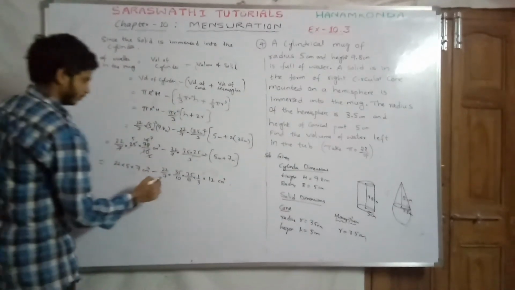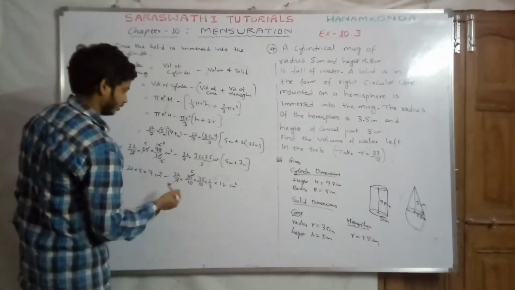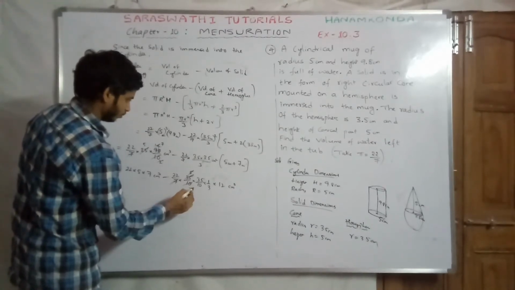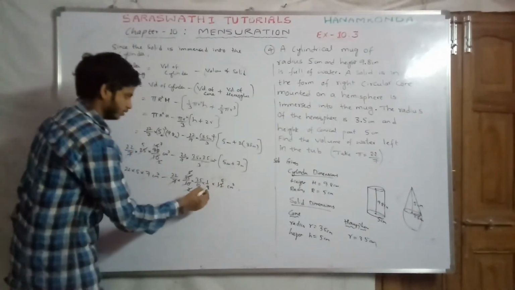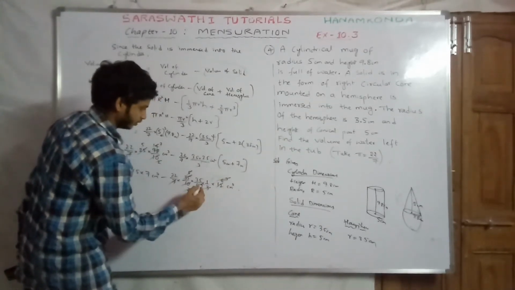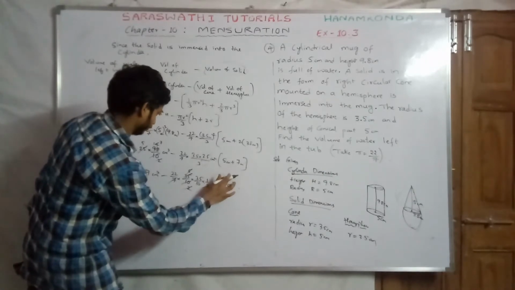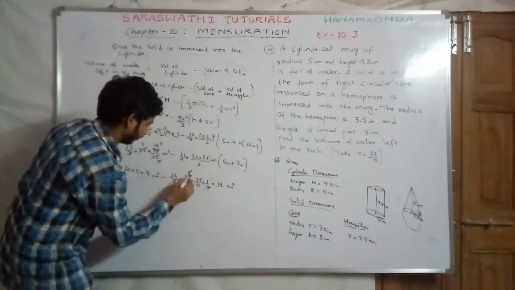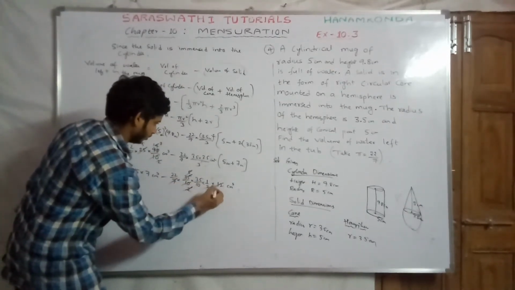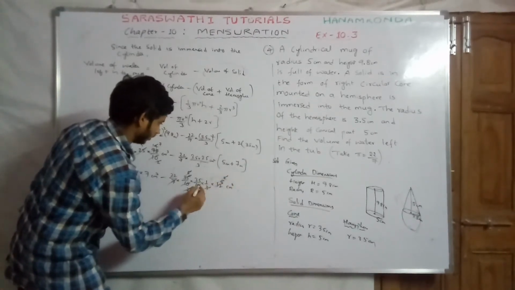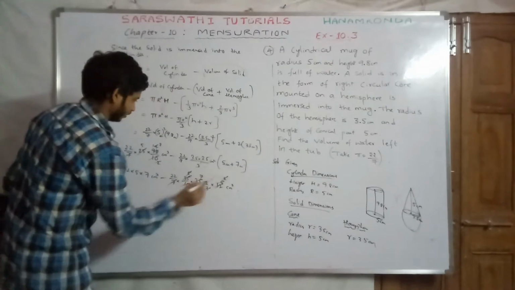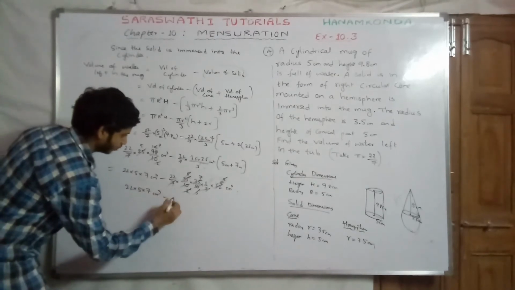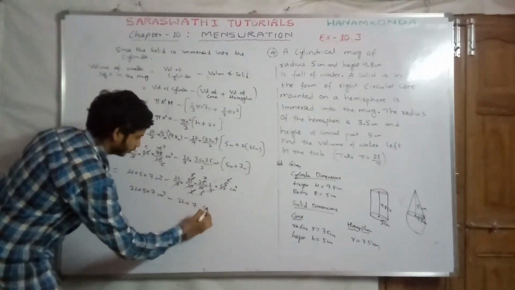Writing 3.5 as 35 by 10, we cancel the common factors. Now we have 22 into 5 into 7 centimeters cube minus 22 into 7 centimeters cube.